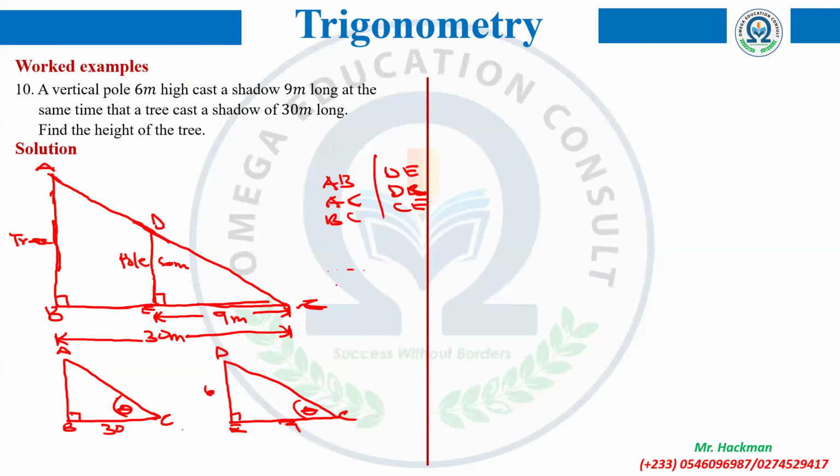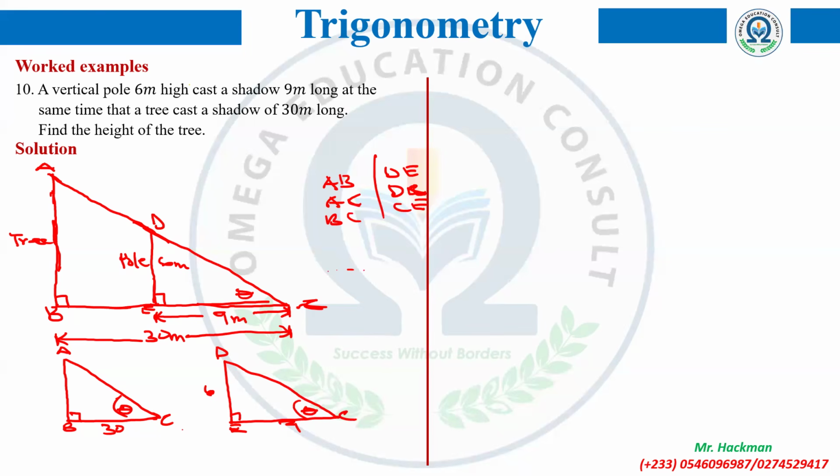The angle here, theta. If I extract the bigger triangle, will this angle still remain theta? It will still remain theta, right? If I extract the small triangle that I have here, this angle, wouldn't it still remain theta? It will.